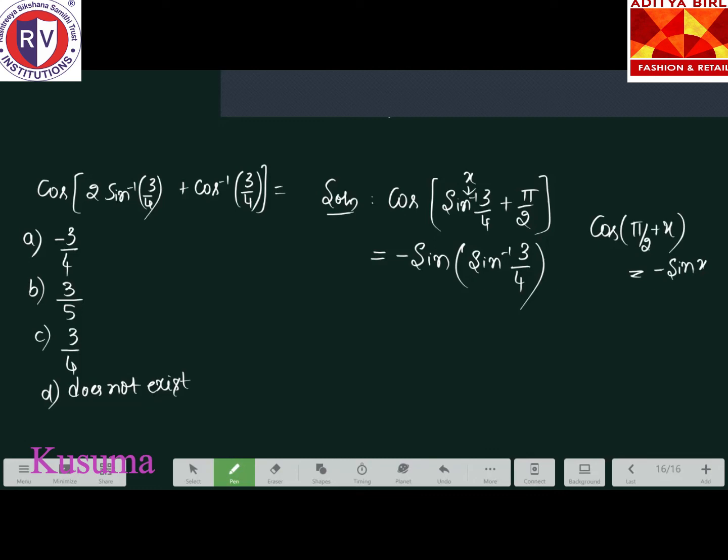So it will be minus sin of sin inverse 3 by 4. Sin of sin inverse is there. So inverse and the function cancels out to give us minus 3 by 4. So minus 3 by 4 is your option A.